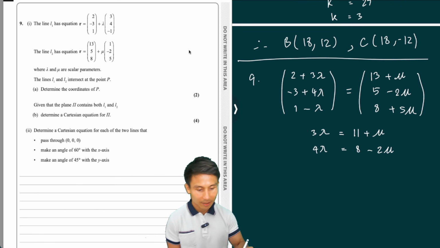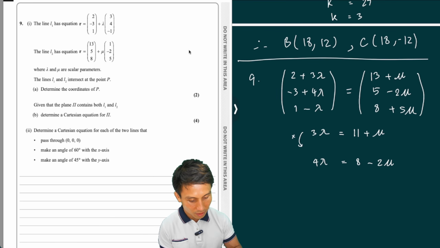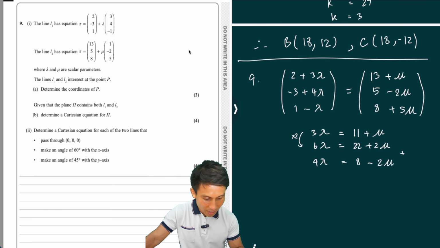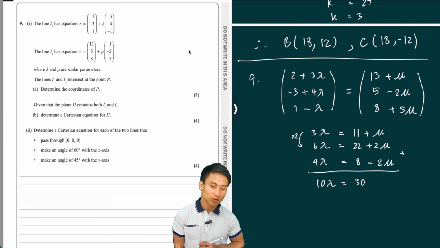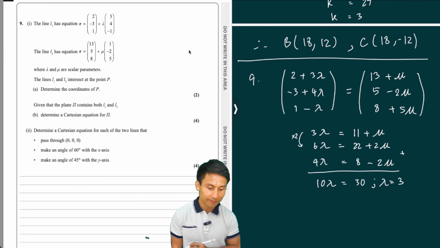So if I do the first one multiplied by 2, I'm going to get 6 lambda equals 22 plus 2 mu. And then with the second equation, I will add them like that. So I get 10 lambda equals 30, 22 plus 8. And then the 2 mu minus 2 mu will go away. So that means lambda equals 3 here.